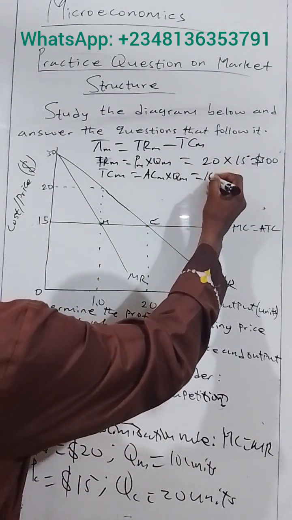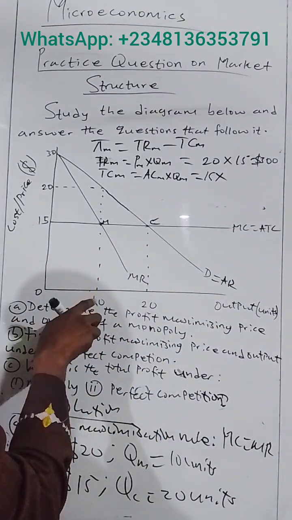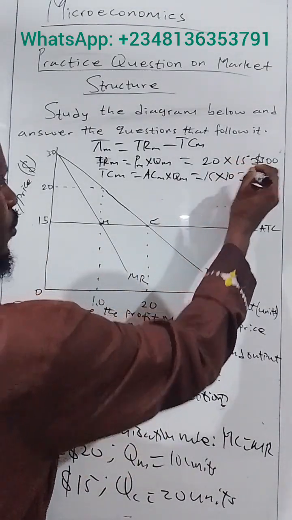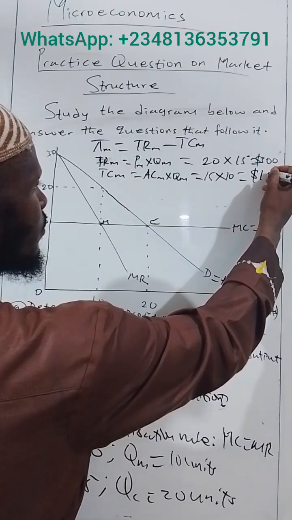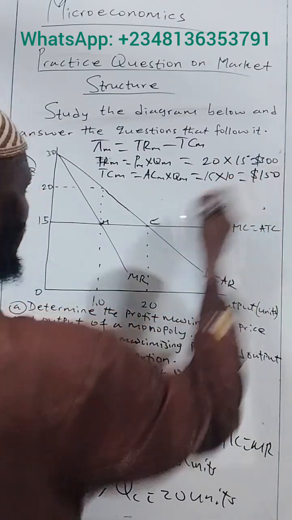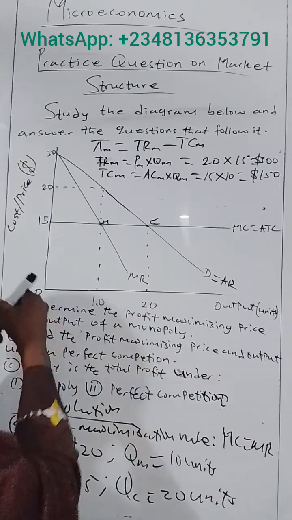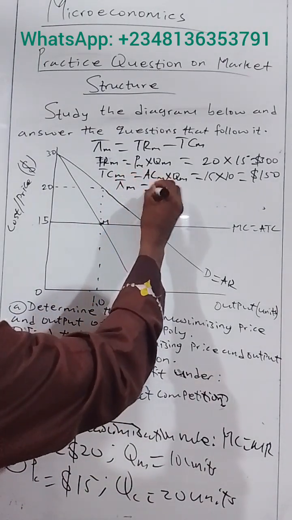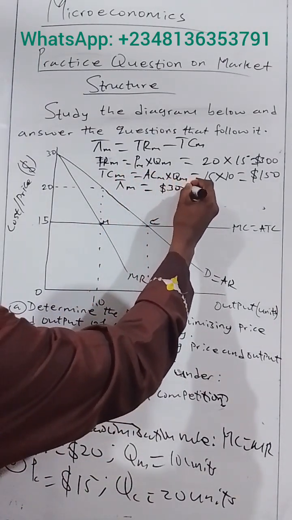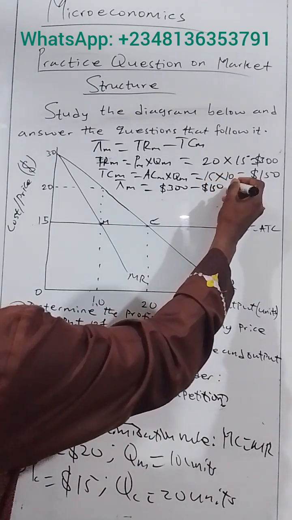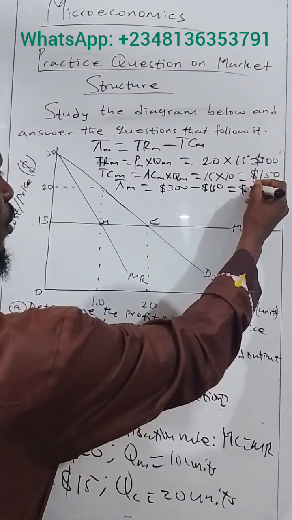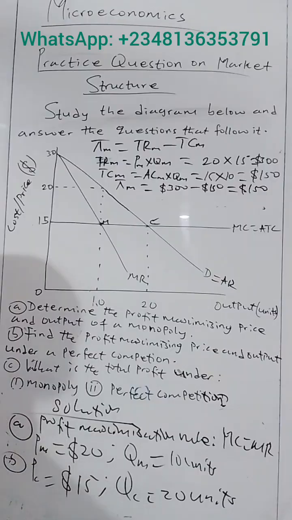That is 15 multiplied by the output, which is 10. This gives me 150 US dollars. Can you see that now? Therefore, the profit of monopoly will be 300 minus 150, which is equal to 150 US dollars. That is the profit under monopoly.